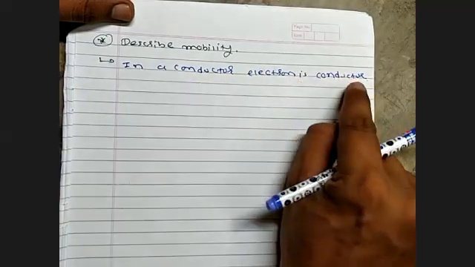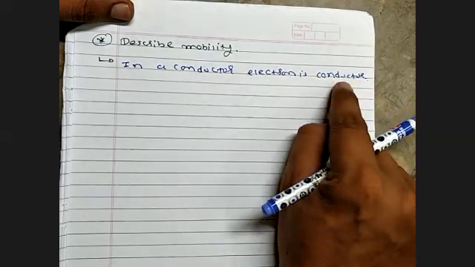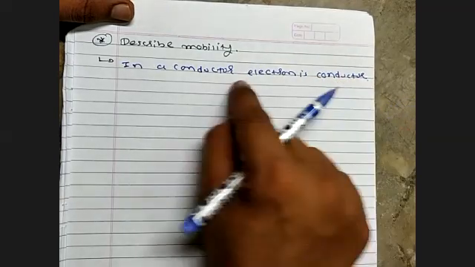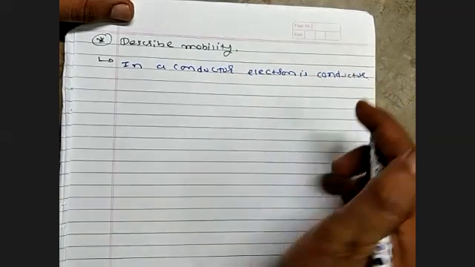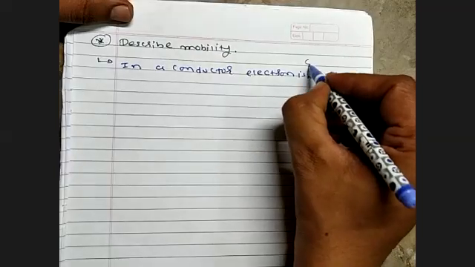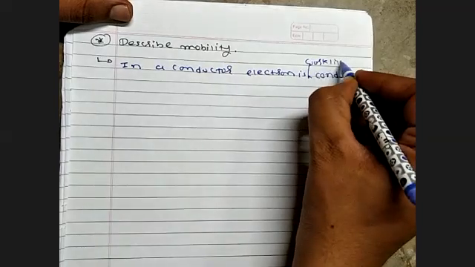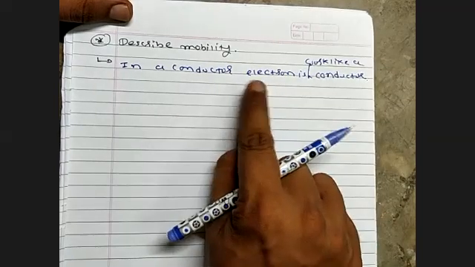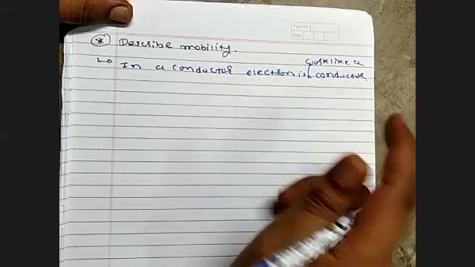It works like a conductor. So electricity takes place with the help of electrons. The electron works like a conductor.